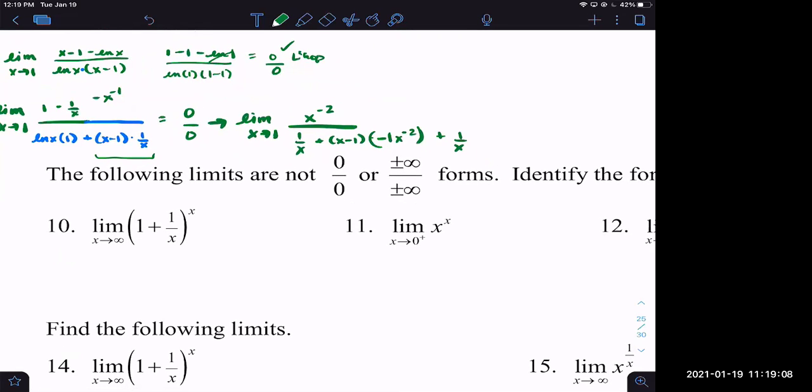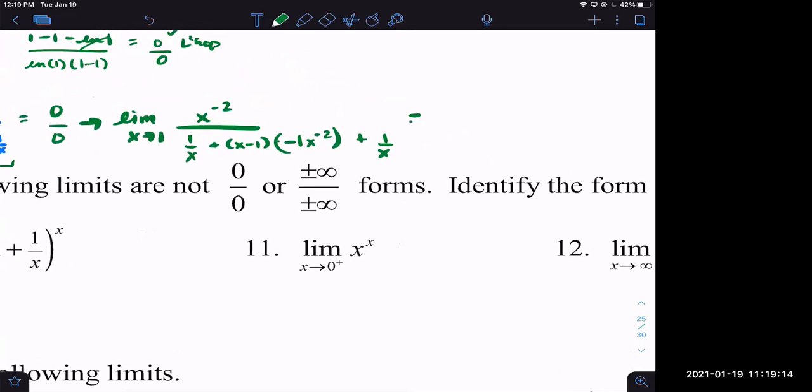Do you agree with my derivative? Okay, then you try direct substitution. So now we go, okay, well, let's try plugging in 1 now. If I plug in 1 now, I'd have 1 to the negative 2 on top. On the bottom, I'd have 1 over 1 plus 1 minus 1. Okay, well, that's great because 1 minus 1, that's just going to be 0, but I'll write everything out.